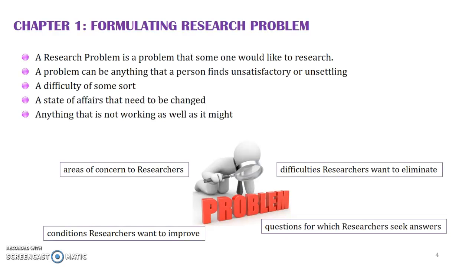Some people call it a difficulty, because that's a problem, and we need a solution for it, or some changes for the betterment, or something that just doesn't work well in general.